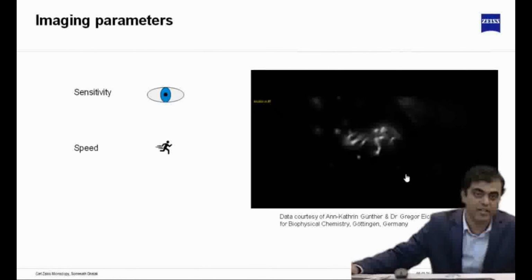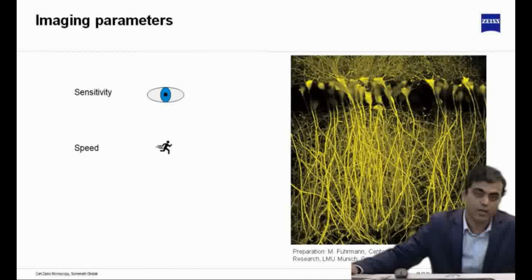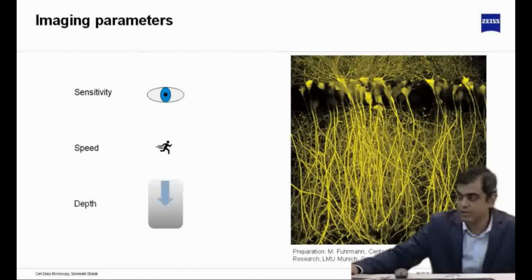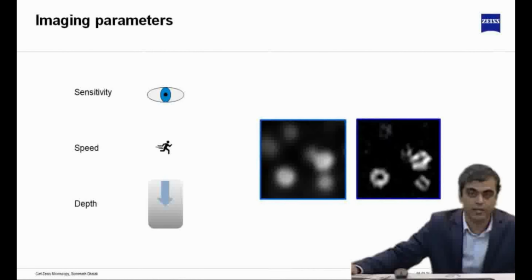So sensitivity along with speed, and not to forget the depth of the sample. If you have a thicker sample and you want to go deep into the tissue and image it as well as we do on the surface, then that also has to be taken into consideration.